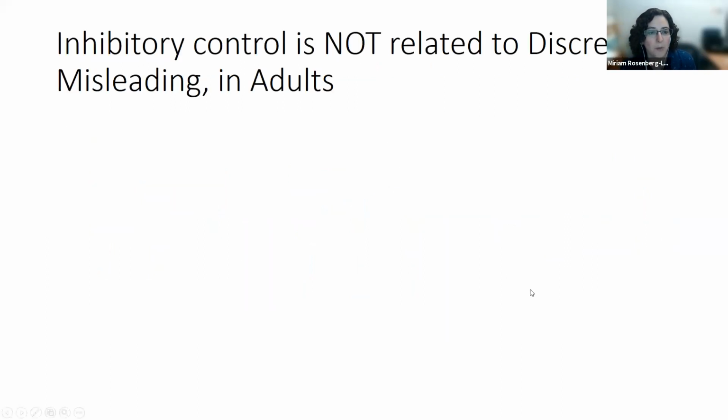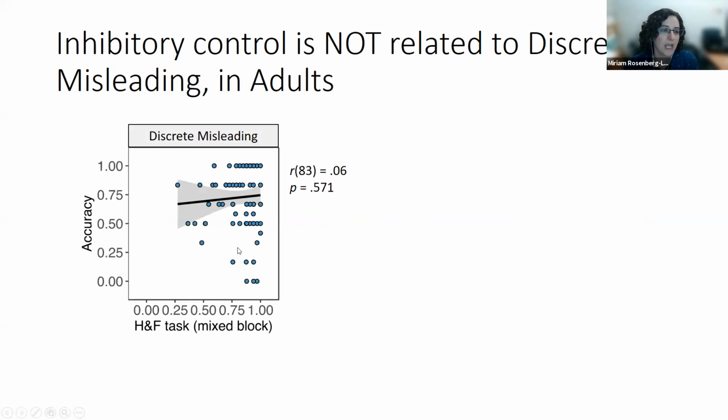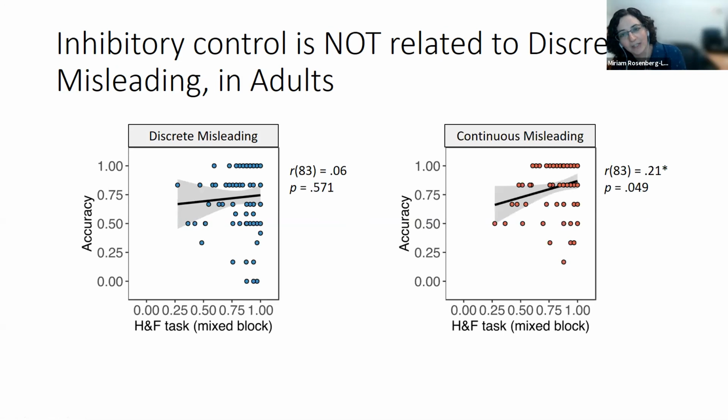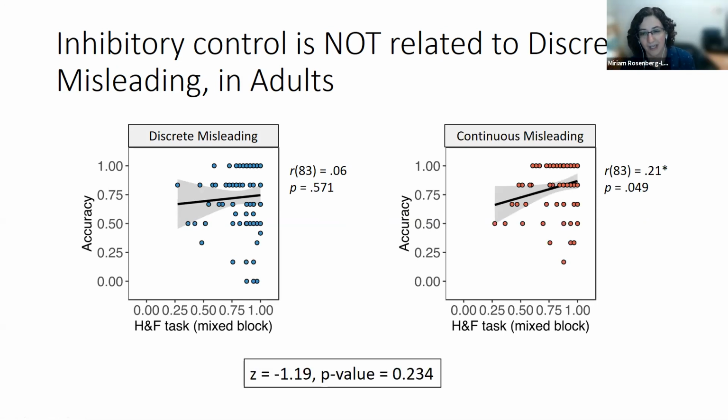We were interested to first note that inhibitory control, as measured by the Hearts and Flowers test, did not predict performance on these discrete misleading trials. Interestingly, it did predict on the continuous misleading, although the difference between them is not significant.